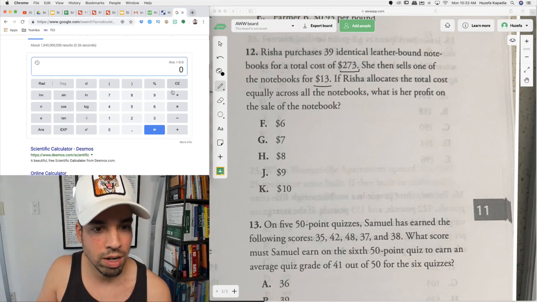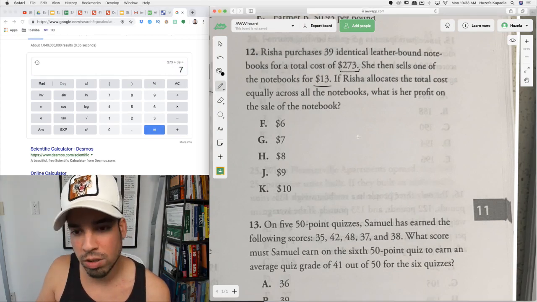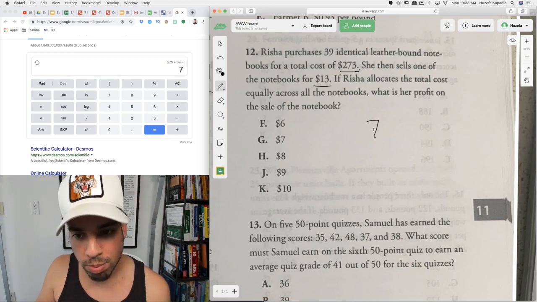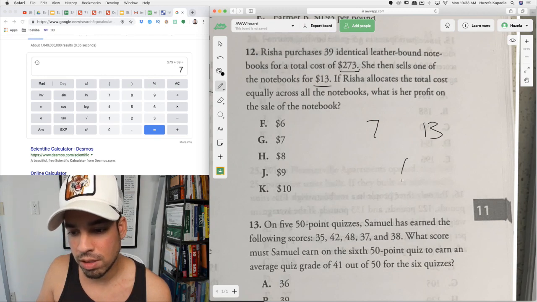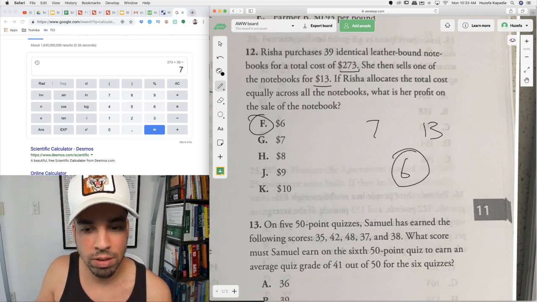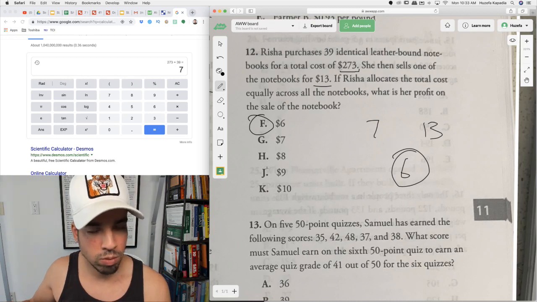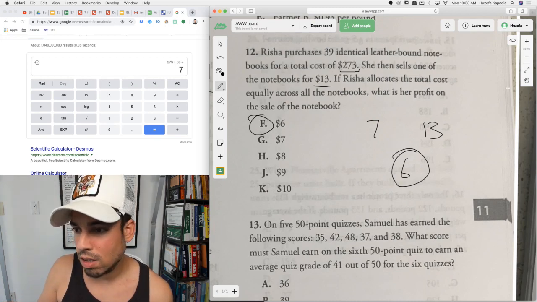So 273 divided by 39. So she paid $7 per notebook. She sold this one for 13. 13 minus 7 is, of course, 6. So she had a profit, meaning the money she made minus the cost, of $6.